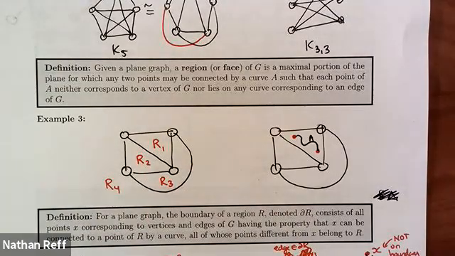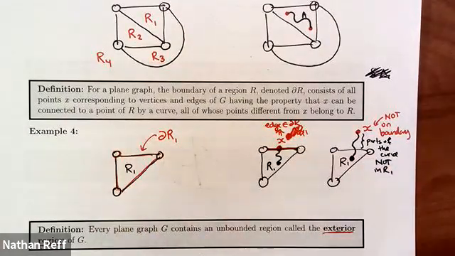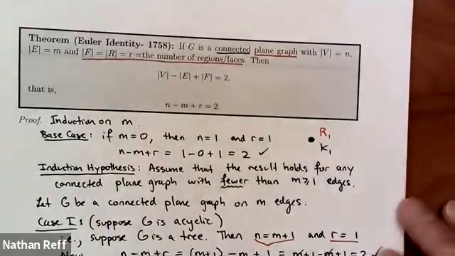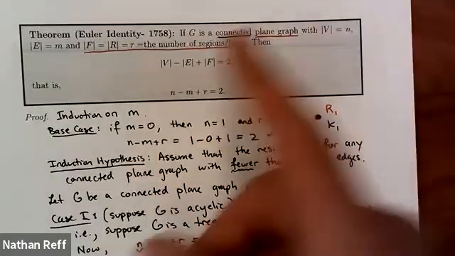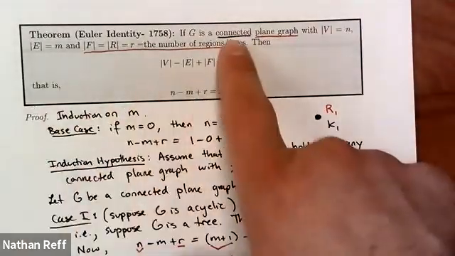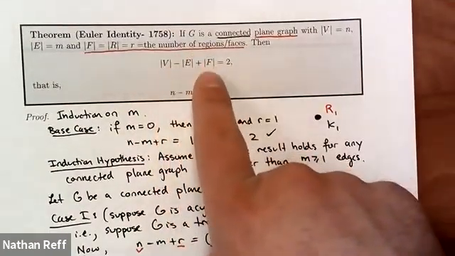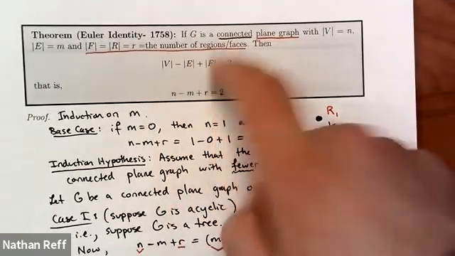And we talked about the boundary of a region, and then the important theorem that we proved last time was Euler's identity. It says if you have a connected planar graph, then the number of vertices minus the number of edges plus the number of faces must always be 2, which is quite significant.